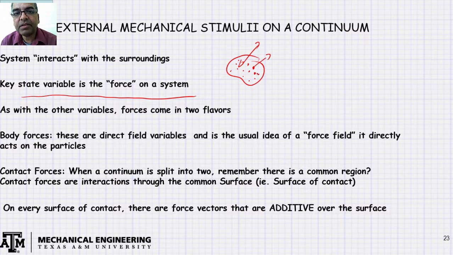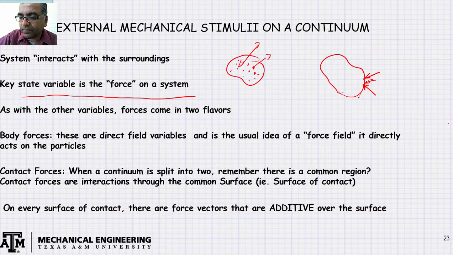So the gravitational force on each particle is density times the gravitational acceleration. The other one is things that happen through the surface at the common interface. You remember there was a common interface that was shared. Things that happen through that are called contact forces.